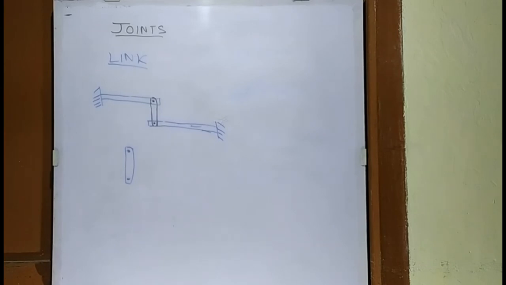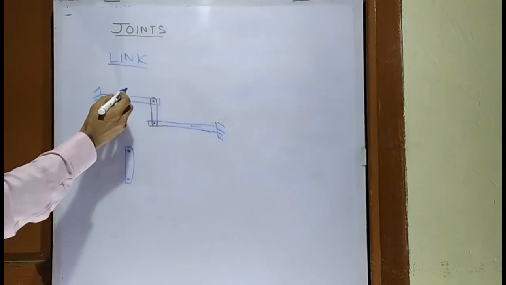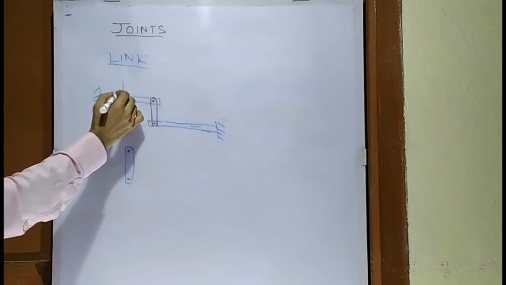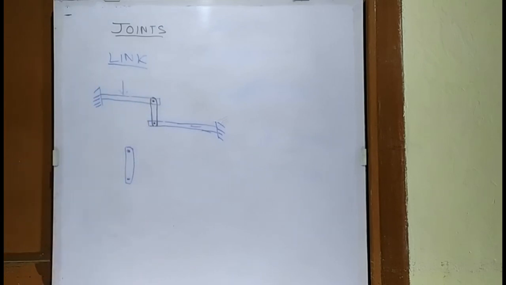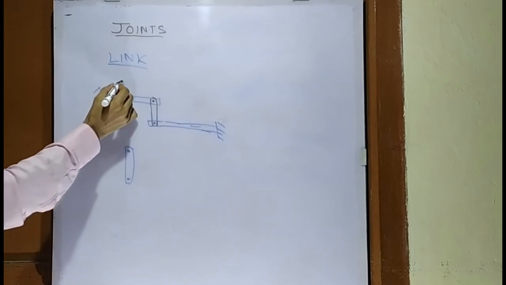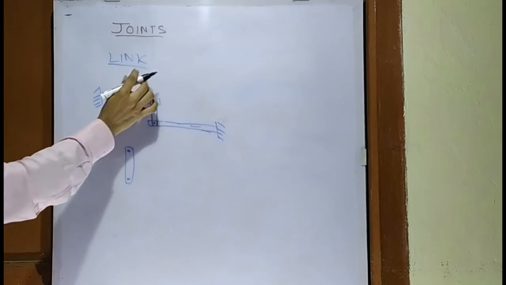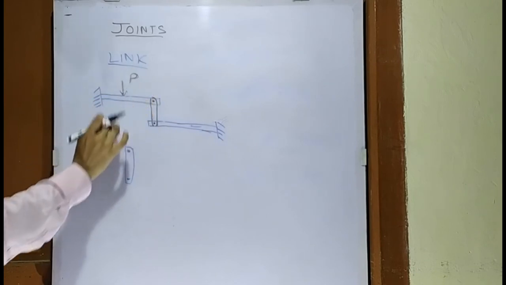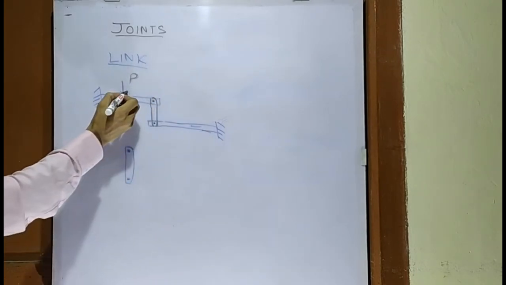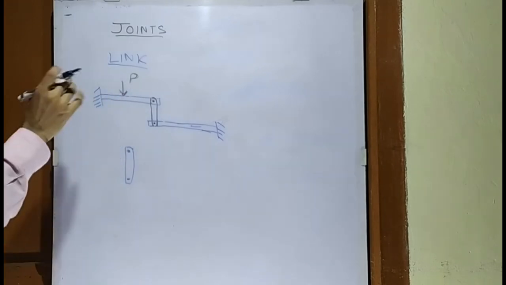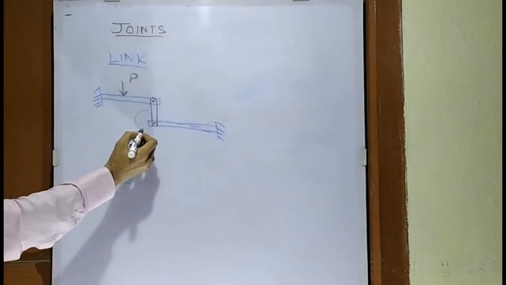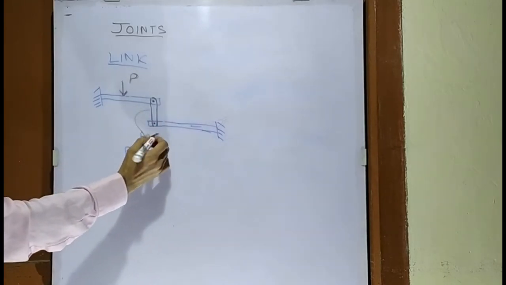So what will happen if we apply a load here like this? If we apply a load P at this point, the load will be transferred from this beam to this beam. Now what will this link do?